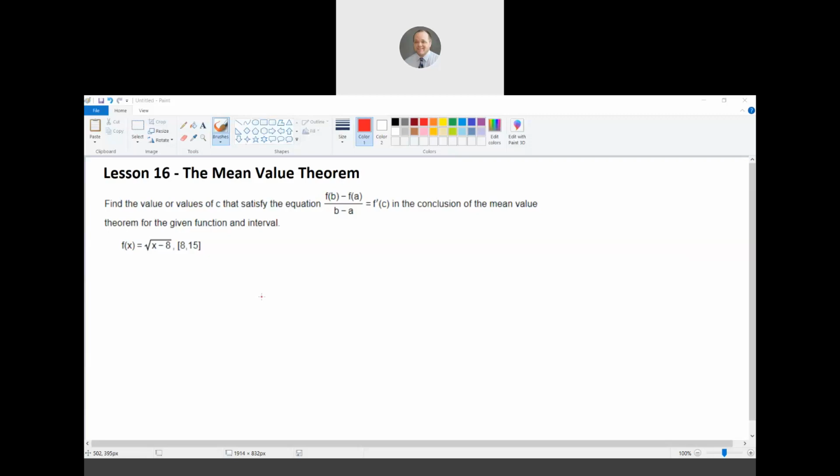So we have f of x equal to x times the square root of x minus 8 over the closed interval from 8 to 15. The first thing we need to find is f of b, and by the way, a is 8 and b is 15.